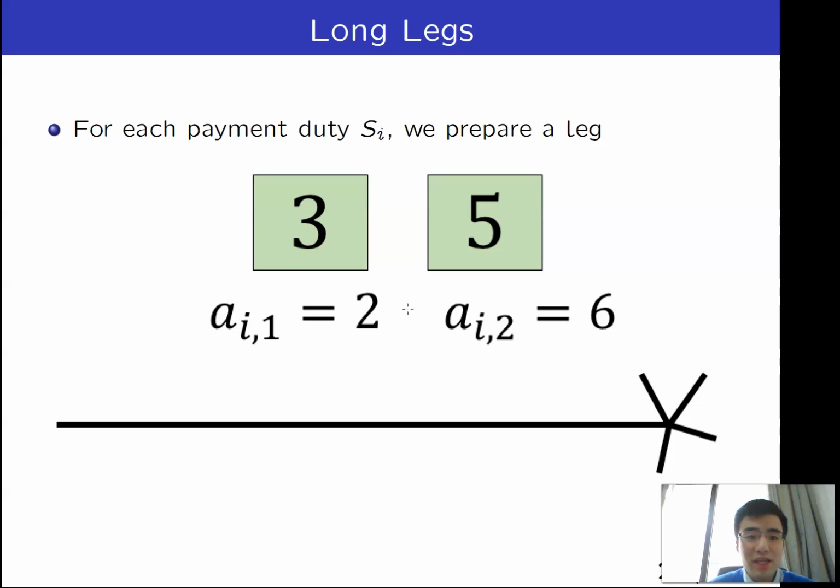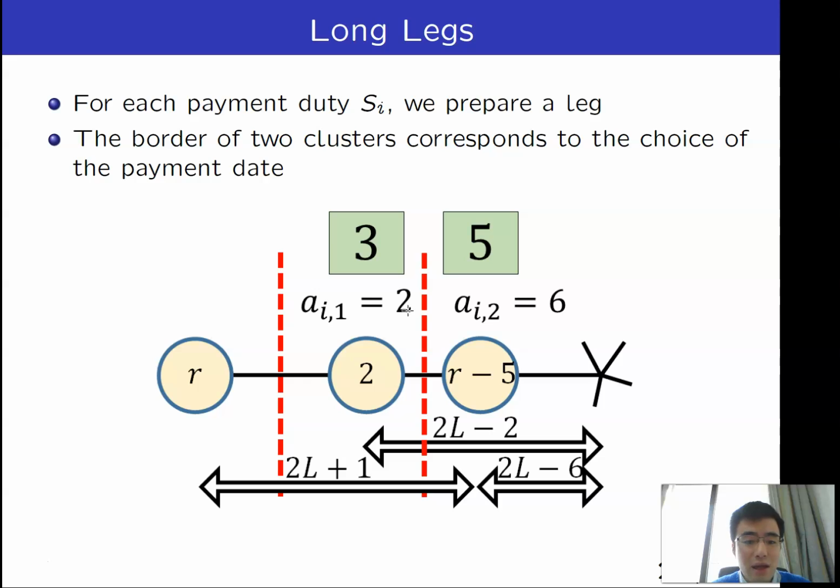And for each payment duty, we prepare a long leg and locate users like this. Here, the cluster that contains these R users is this or this.